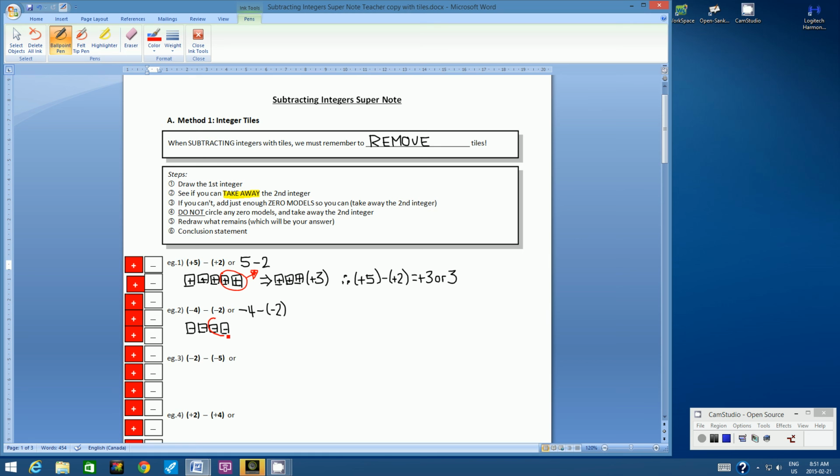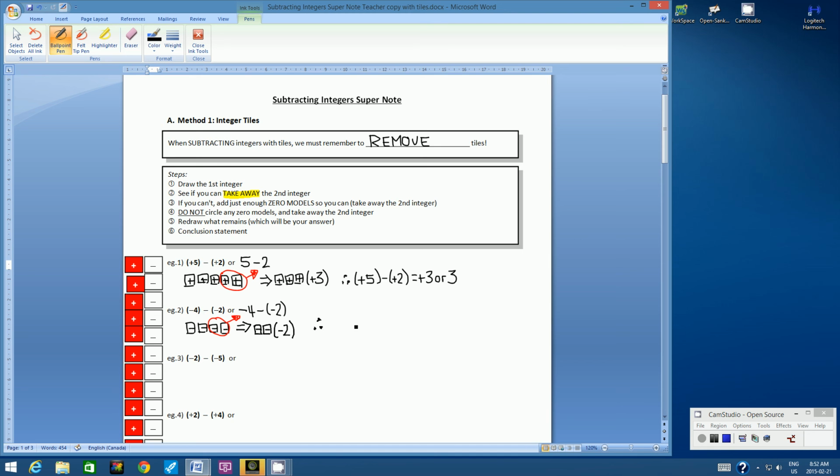So let's circle 2 negative tiles and show that they are being taken away or removed. Then we redraw what remains. So let's draw this pointed arrow here. And what remains is 2 negative tiles. Then we write our integer answer beside our tile solution. The last step that remains is the conclusion statement.